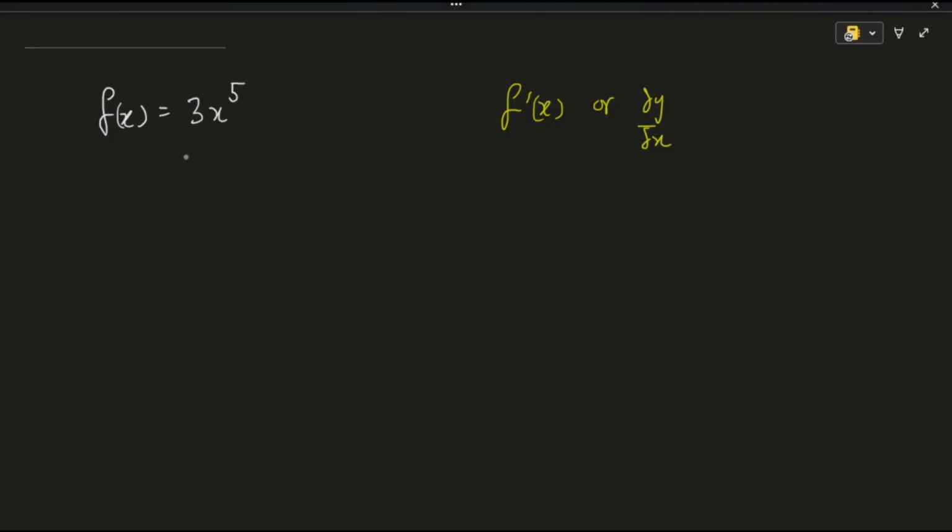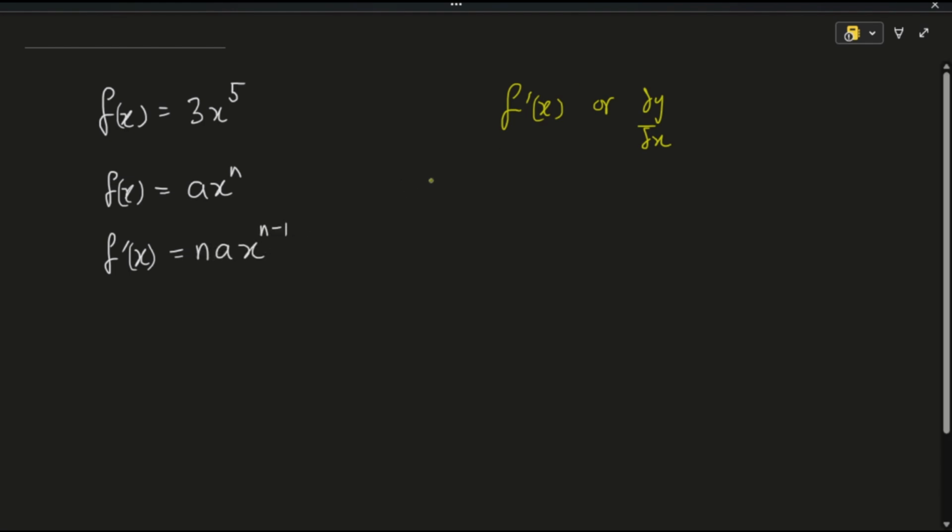Now, if we are given a function of the form f of x equals a x to the n, where a is a constant and n is the exponent, then the derivative of this function is given by a n x to the n minus 1, and here a and n are real numbers, but they should not be zero.